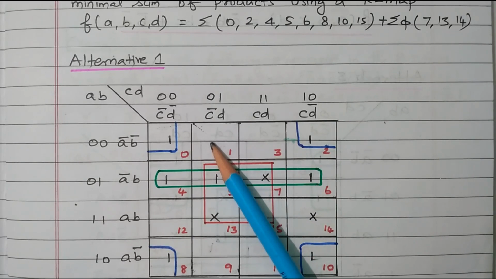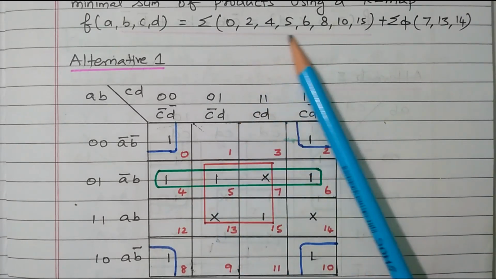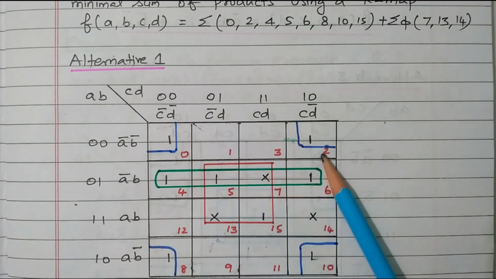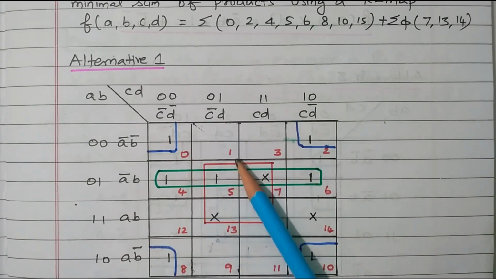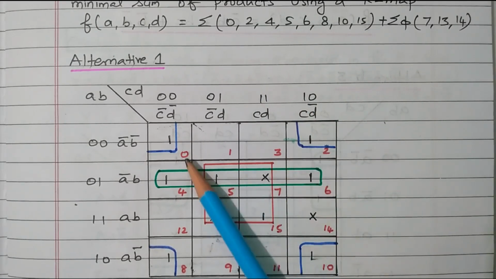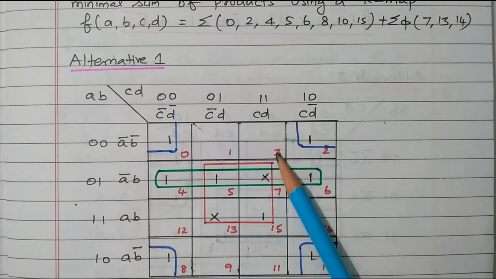The other method is with min terms. This min term we can directly mark, because in this problem the min terms are given. That is indicated by these red color numbers. So 0, 1, 2, 3, with an interchange between the third and fourth column, are M0, M1, M2, M3 min terms.